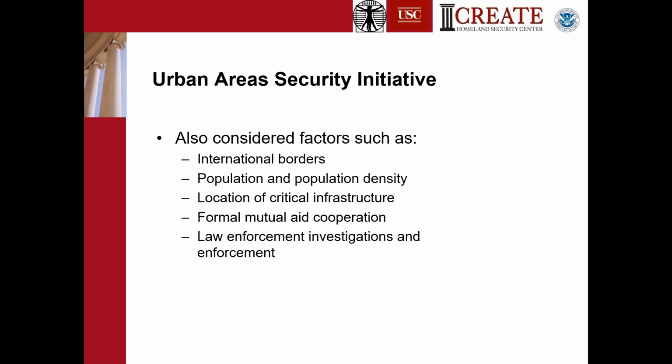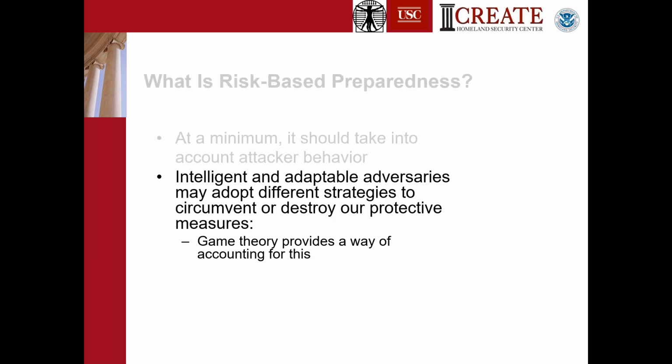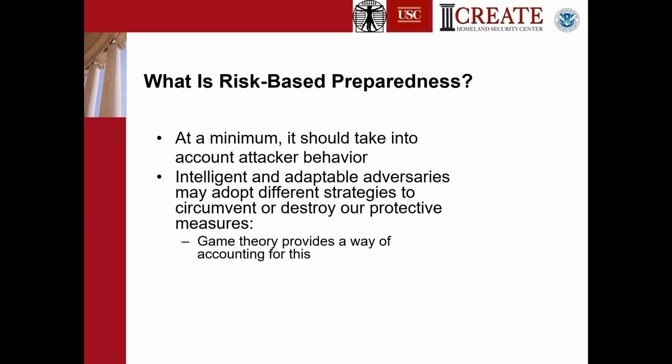Does law enforcement believe that there is a major or significant threat against a certain urban area? So, as you can see by kind of the outline of the UASI, we'll get into more detail on what it does later. It's trying to be much more risk-based in its funding priorities.